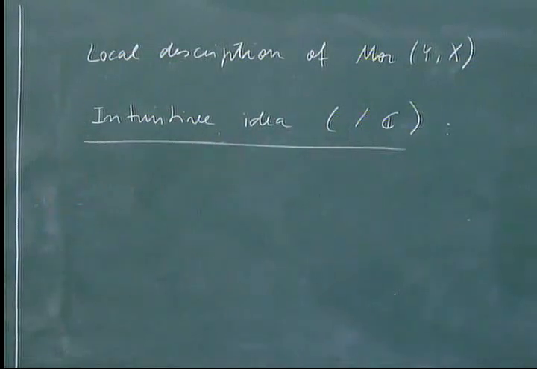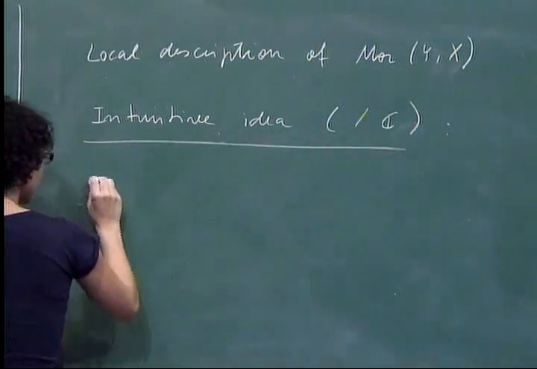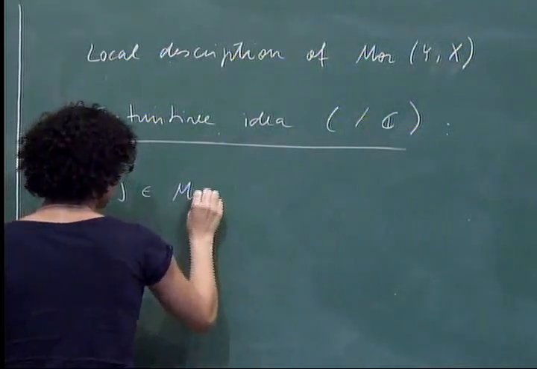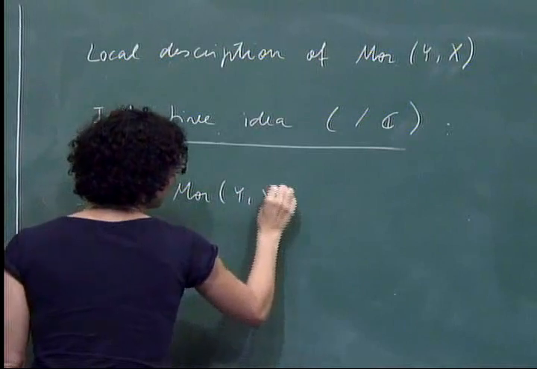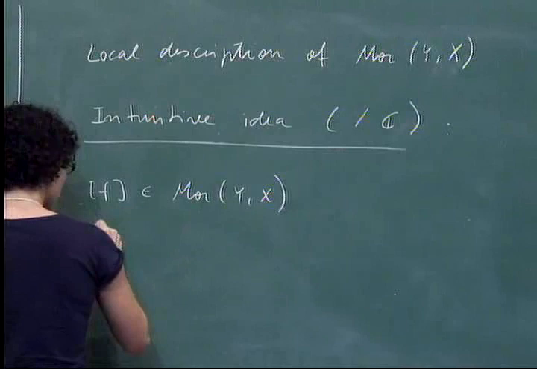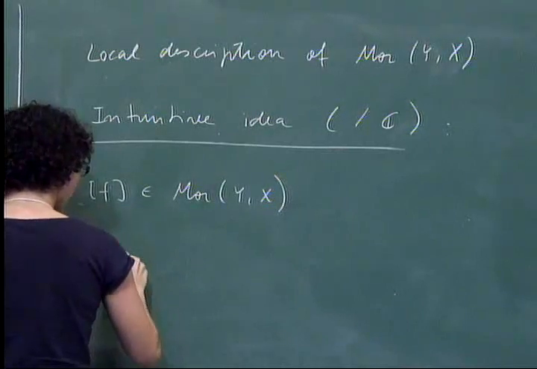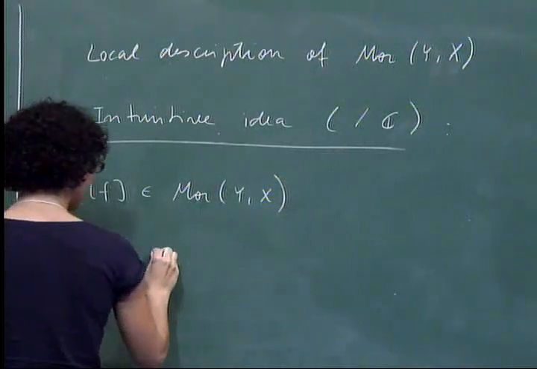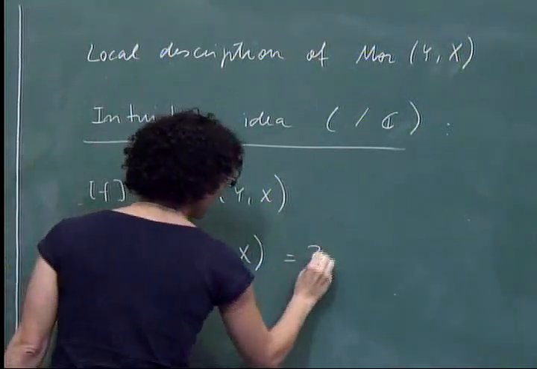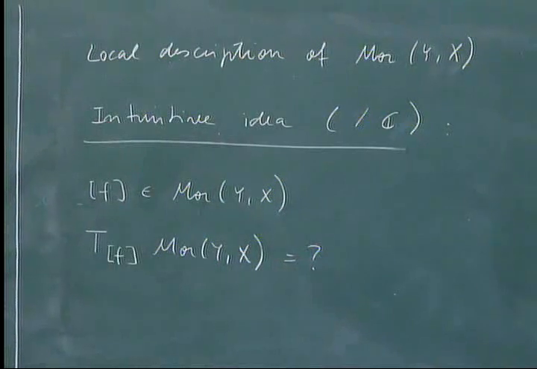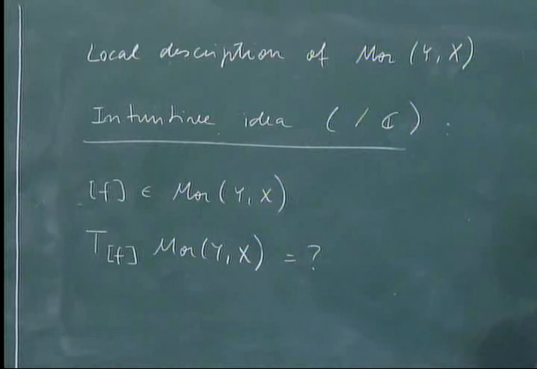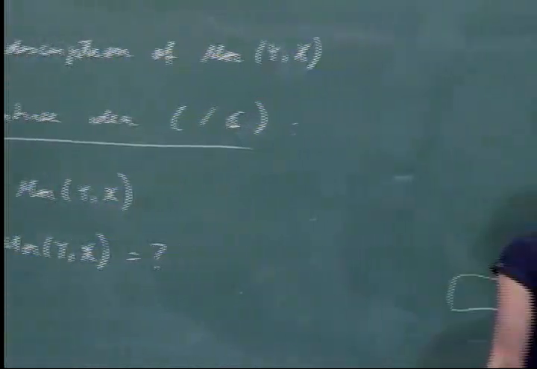So what we want to describe now is: we take a morphism F from Y to X, and we want to describe the tangent space of this space at F. Okay, so here we have our space of morphisms.